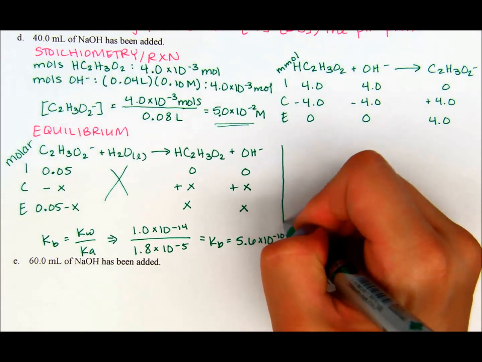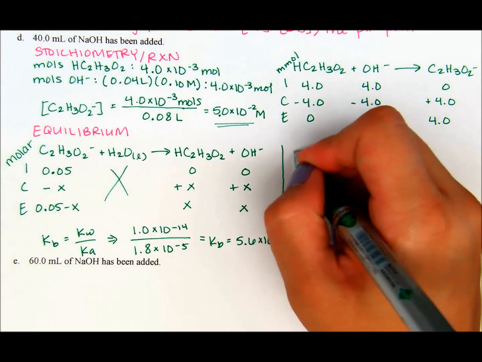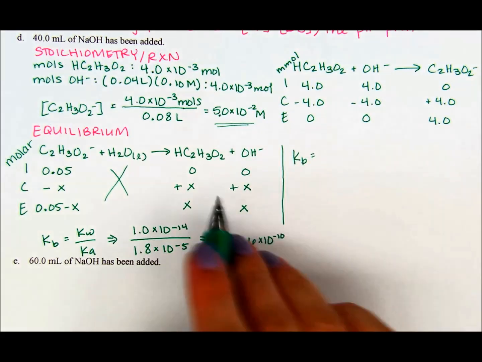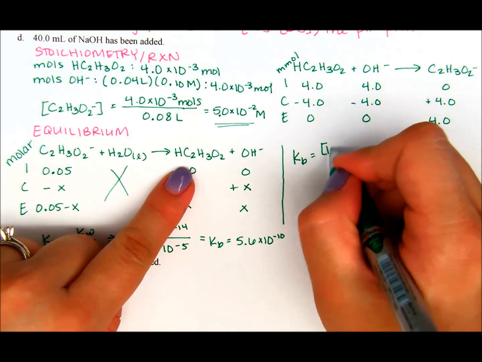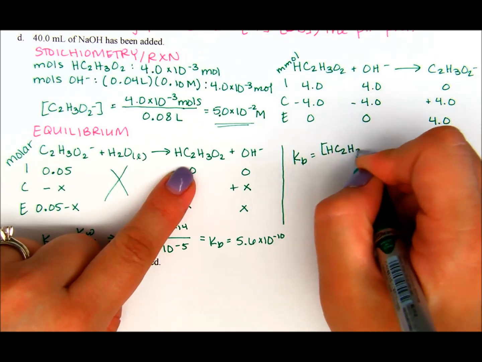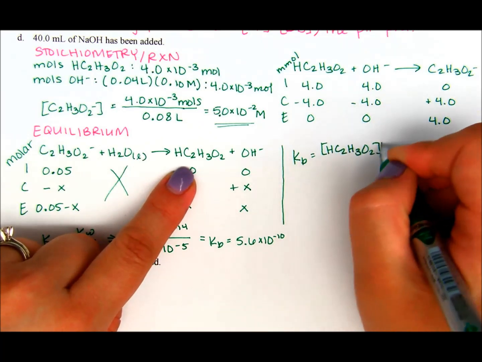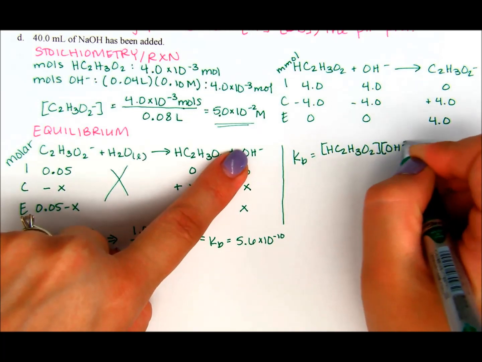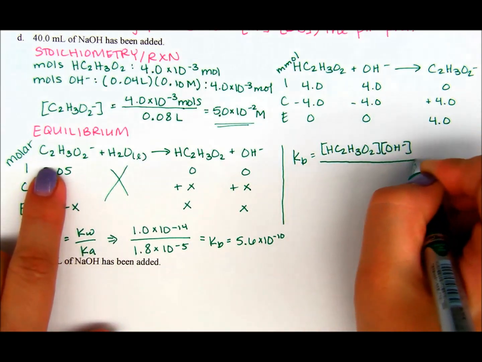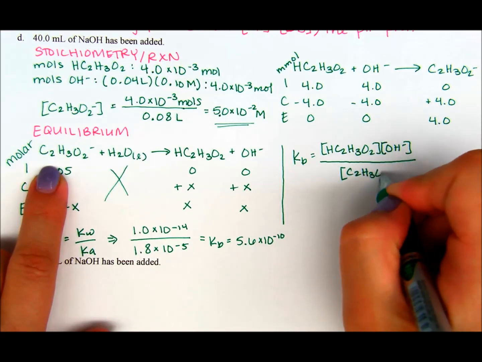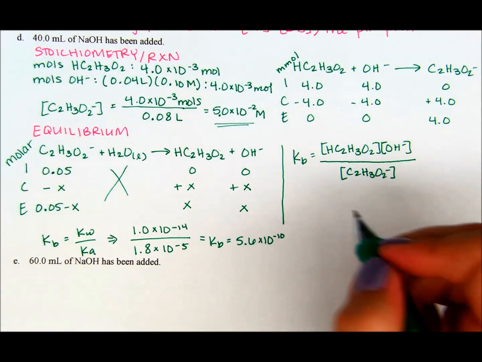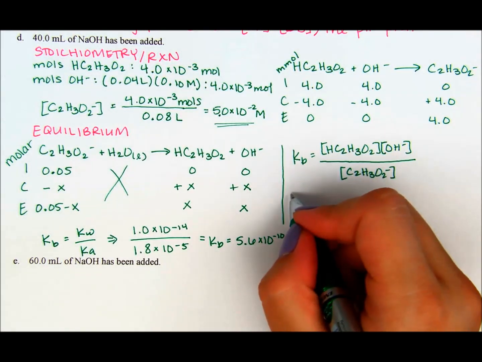So let's write our K expression over here to the side. So Kb equals your products over reactants. So your product here is your acetic acid and your hydroxide ion divided by your reactant. Let's plug in all our numbers for this.